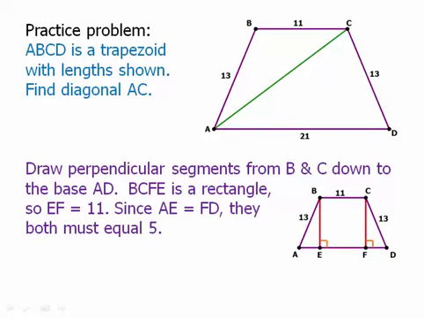And we know that AE and FD, the two small sides of the triangles, have to be equal to each other because those triangles are congruent. So it must be true that each one has a length of 5. So we split up the base, 5, 11, 5, and that adds up to 21.